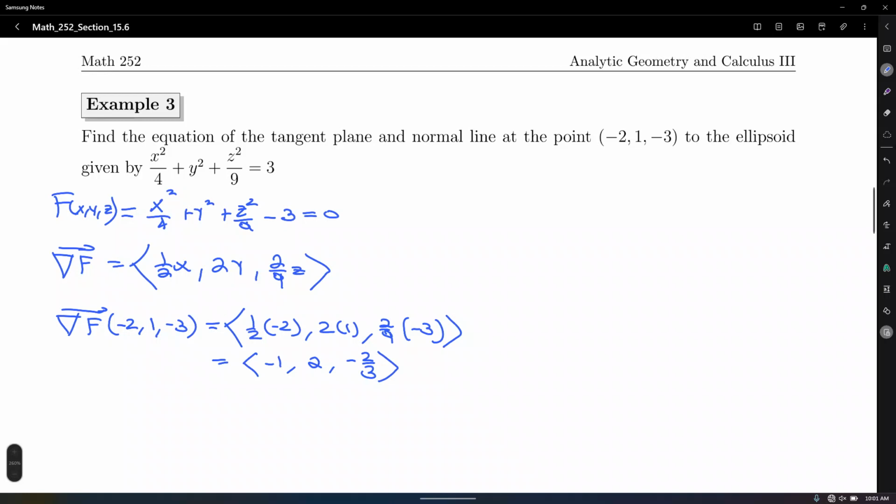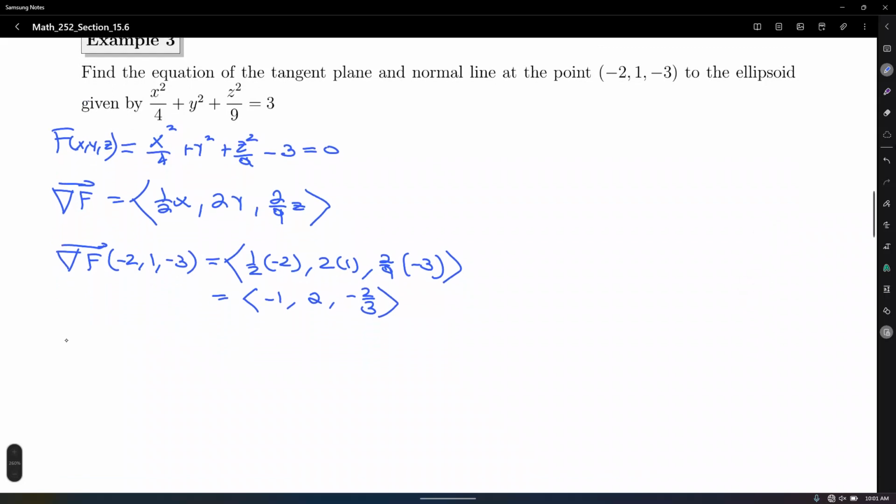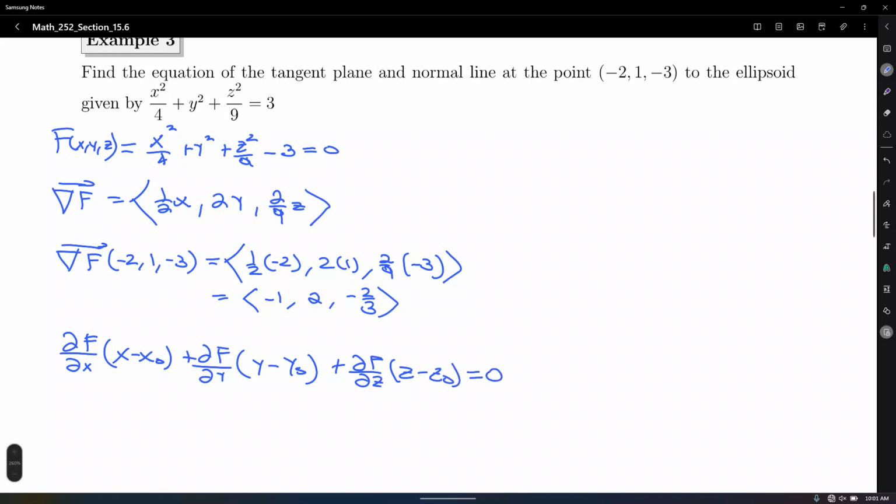So now, how do we get the equation of the tangent plane? Number one, that is the partial of f with respect to x times (x minus x naught) plus the partial of f with respect to y times (y minus y naught) plus the partial of f with respect to z times (z minus z naught). Let that be equal to 0. How are we going to get this x naught, y naught?